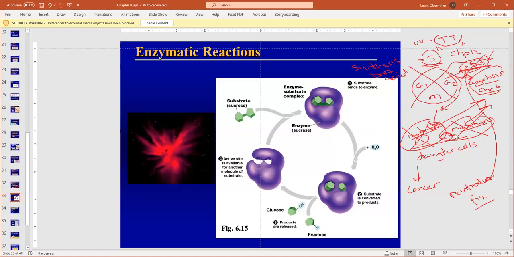P53 is there, and it's like, wait, you're bad. You go kill yourself. And that way you can get rid of cancer, because all the cancer cells would be instructed to kill themselves. So that's an example of an enzyme that we could mutate to maybe cure cancer. And trust me, there's millions of dollars being poured into figuring out how to fix this P53 enzyme.